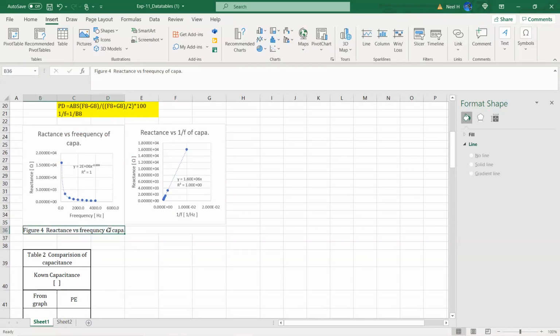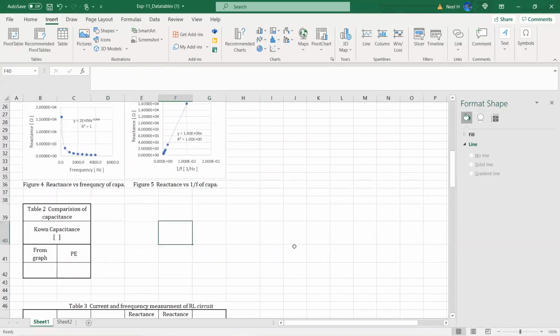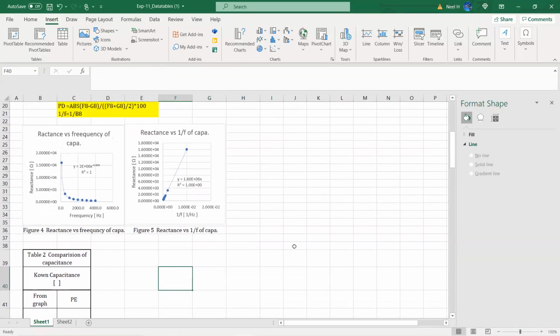And it's going to be about the same here. But this is a different figure. I'm going to name it figure number 5. Reactance versus 1 over frequency of the capacitor. Okay. Then we'll take a look at how to investigate in a little bit more detail the graph with the measured values. Okay, any question?